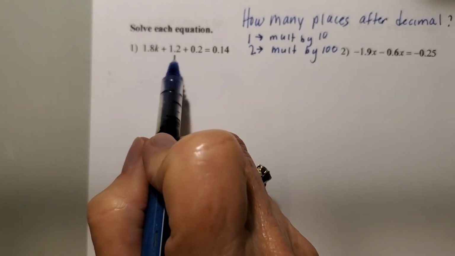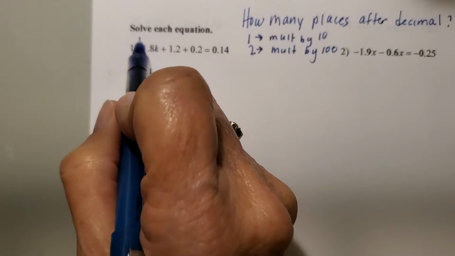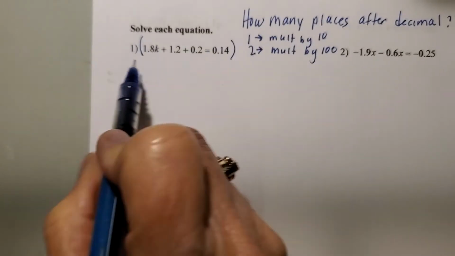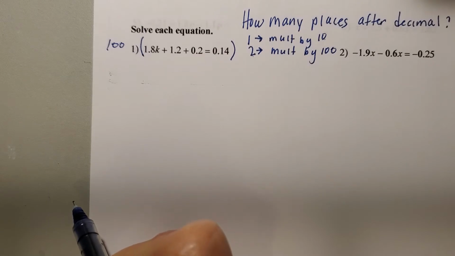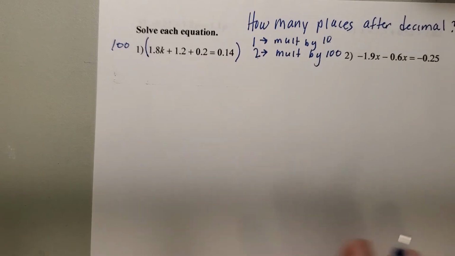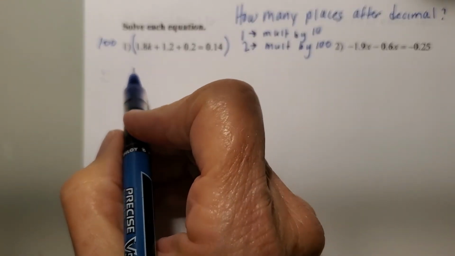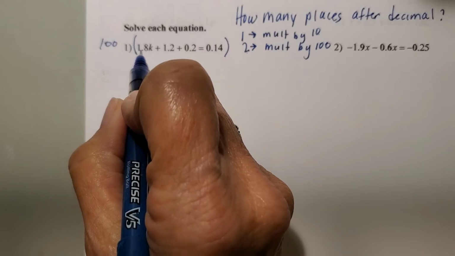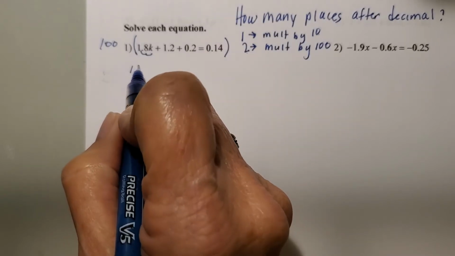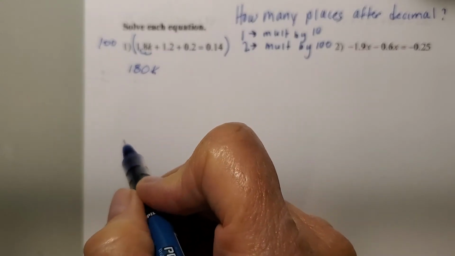If we look here, the most we have is 2 places after the decimal. So we have to multiply everything here by 100, which moves each decimal over 2 places. When we multiply here by 100, it's going to scoot the decimal over 2 places, and we're going to have 180k.